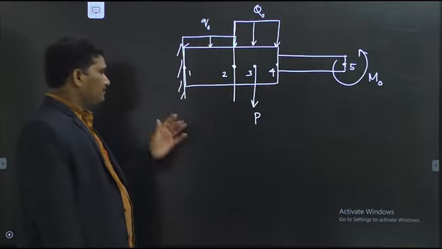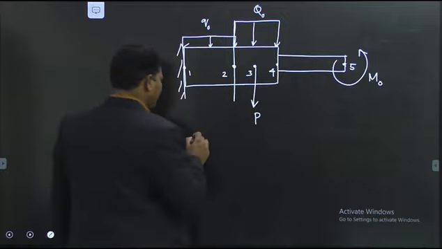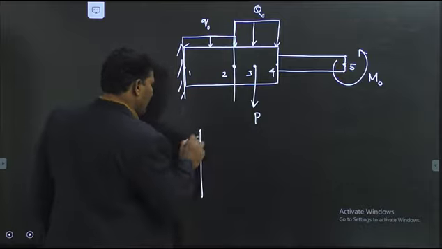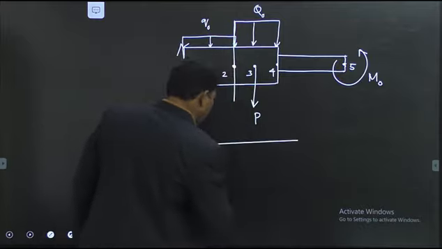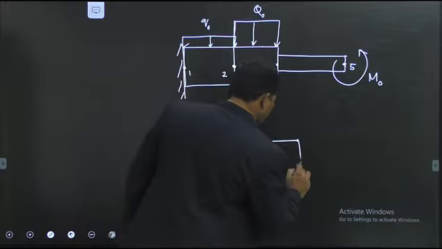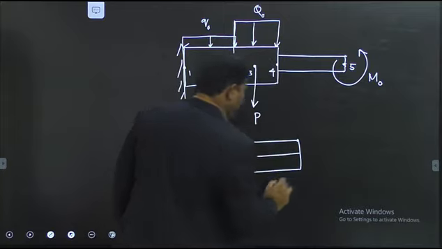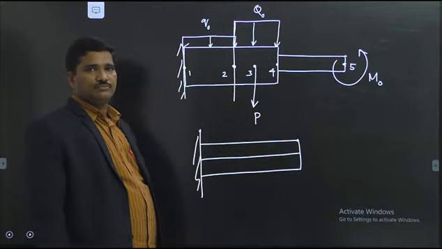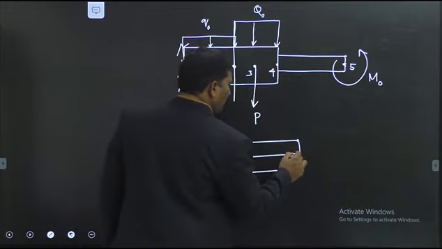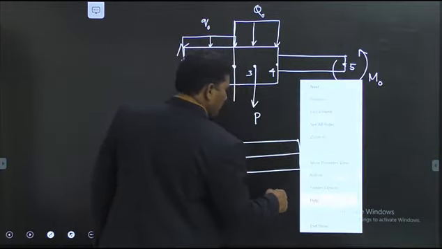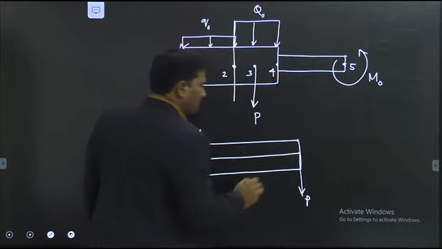Okay? Now, I take another problem like this. I take a composite plate. This is the composite plate. The plate is made of two different materials. Now, it is supporting a force like this, P as shown. This is the point of application of the force.